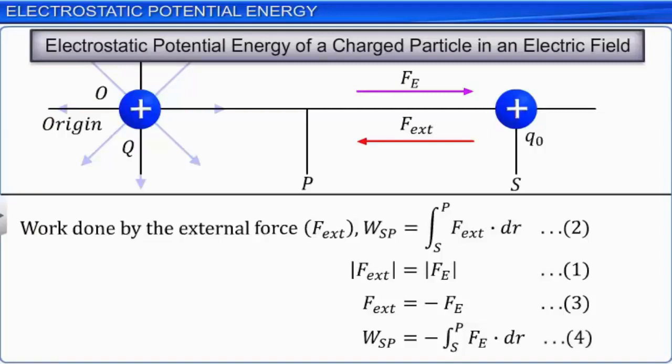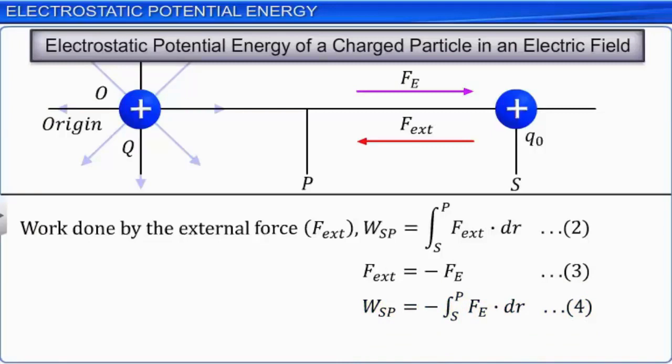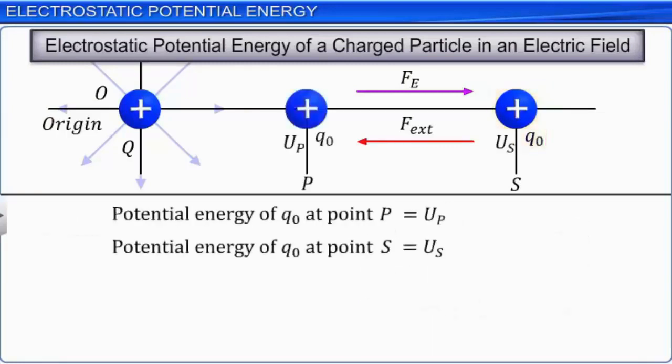In equation 4, the work done against the electrostatic force is stored as electrostatic potential energy. Hence, at every point in the electric field, the charge Q0 possesses electrostatic potential energy. Let the potential energy of the charge Q0 at points P and S be UP and US respectively.